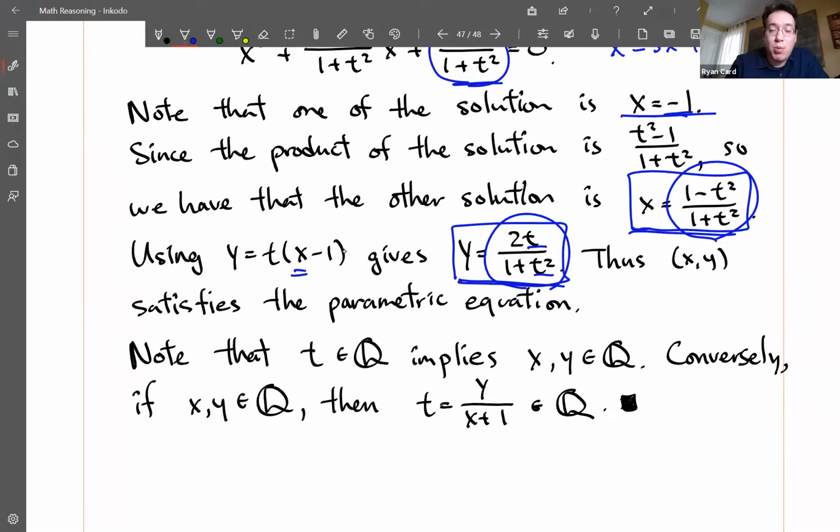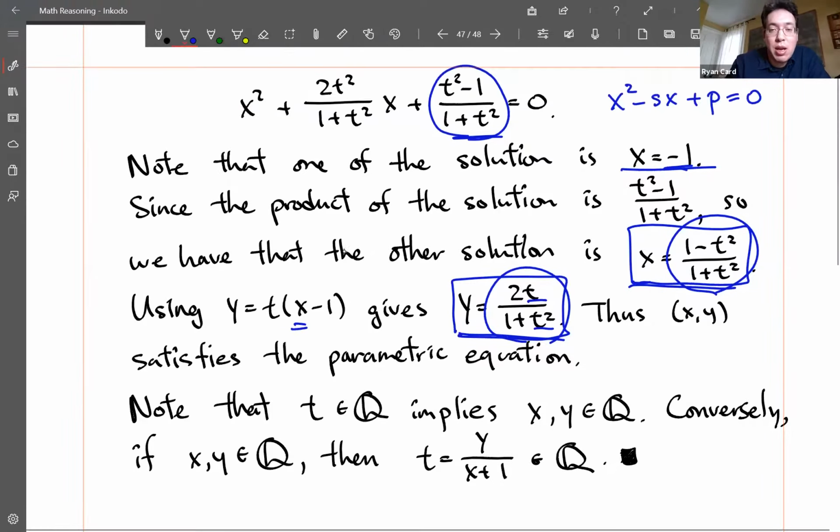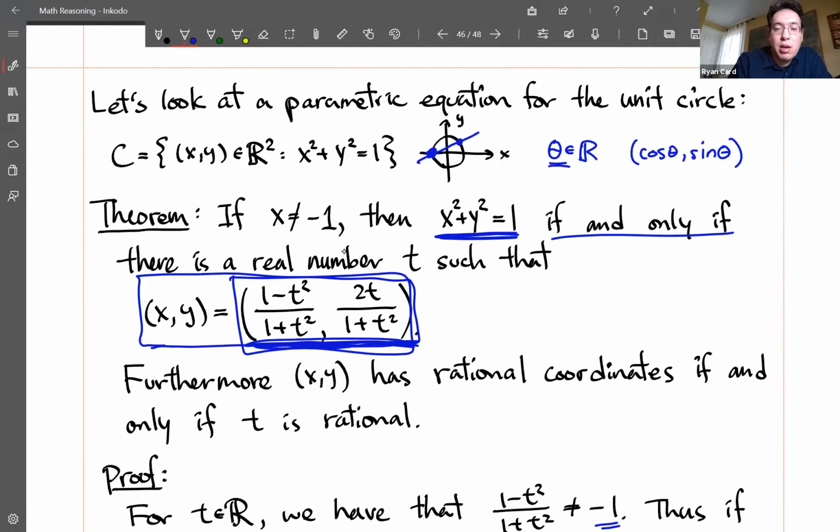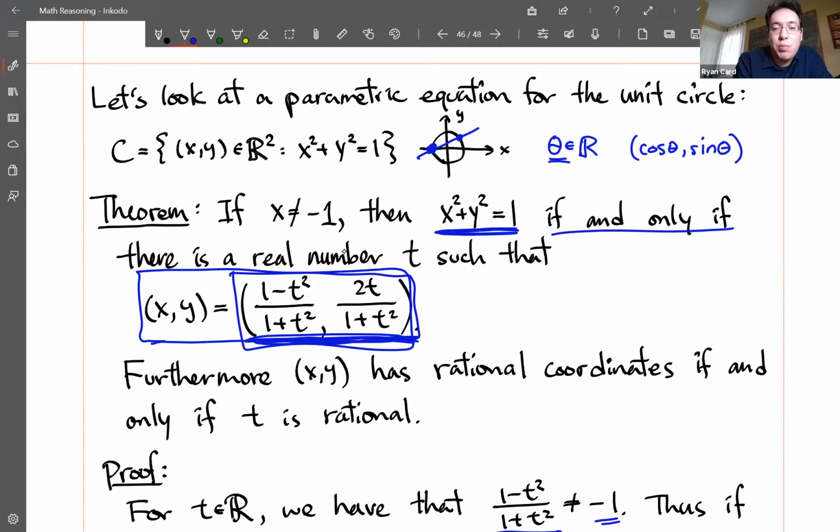We could also go backwards. If you started with x and y being rational coordinates, remember t had the meaning of the slope. So let me go back to the picture here. You have the slope of the line connecting the point -1, 0 and the point x, y.